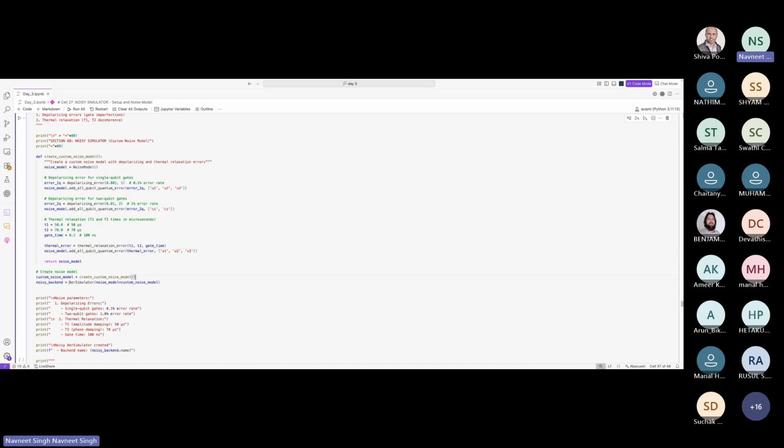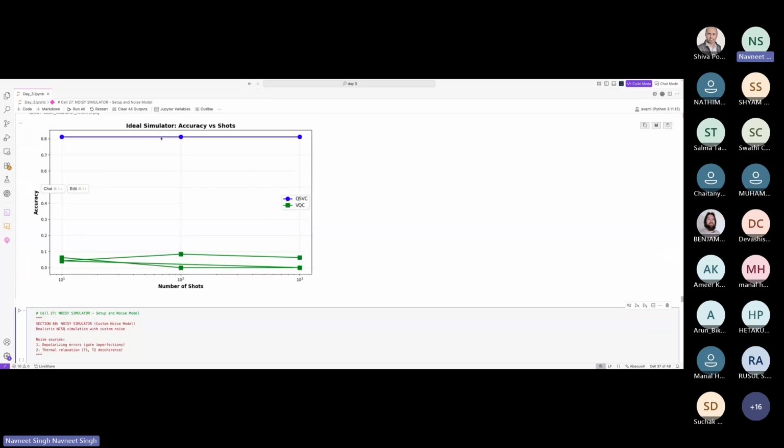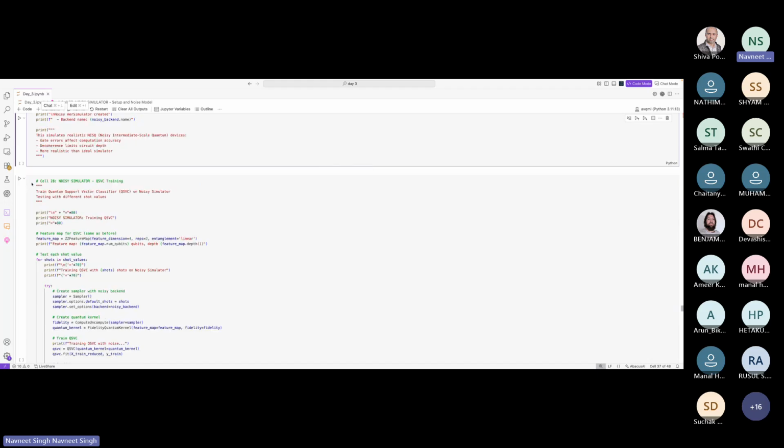Then we call this noise model into our simulator, so that when we run the simulator now, it has this property and behaves as if it has noise. When we run the circuit on this backend, it behaves like running on a noisy quantum computer, rather than a perfect one. The earlier results are on the perfect one, and these results will be on the noisy one.